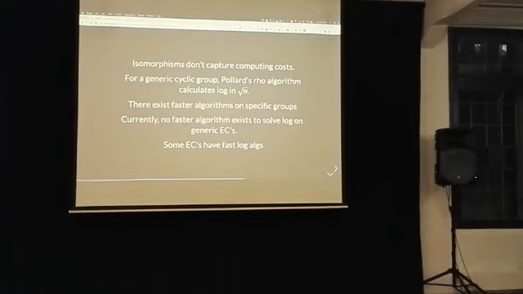And we also have a proof that no faster algorithm exists for generic groups. But the problem is, there exist faster algorithms on specific groups. And as we saw above, currently no faster algorithm exists to solve the log on generic elliptic curves. But some elliptic curves have faster discrete log algorithms.